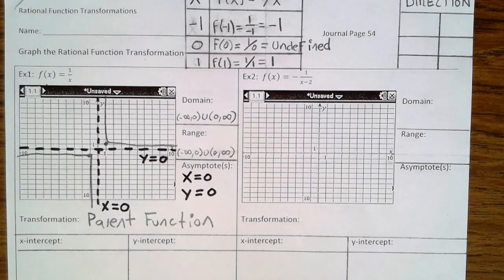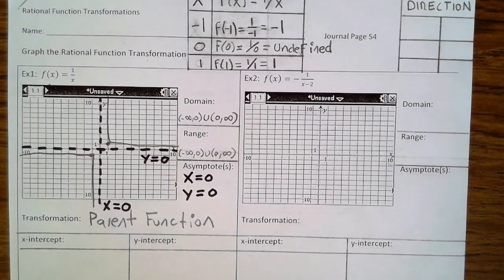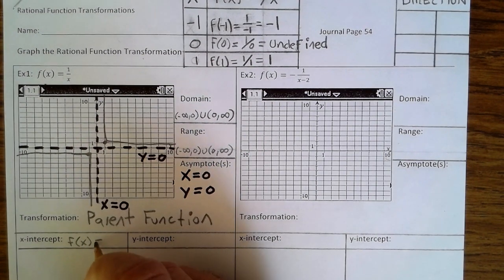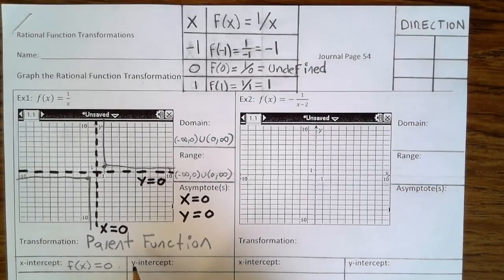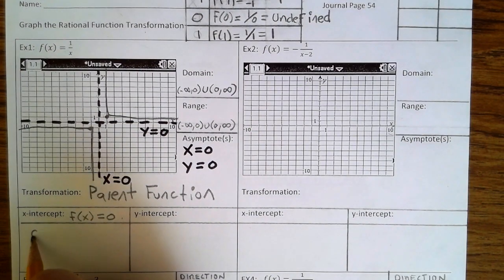Now to find the x-intercept, that's when f of x is equal to 0. So we plug 0 into our equation and solve for x. So 0 equals 1 divided by x.